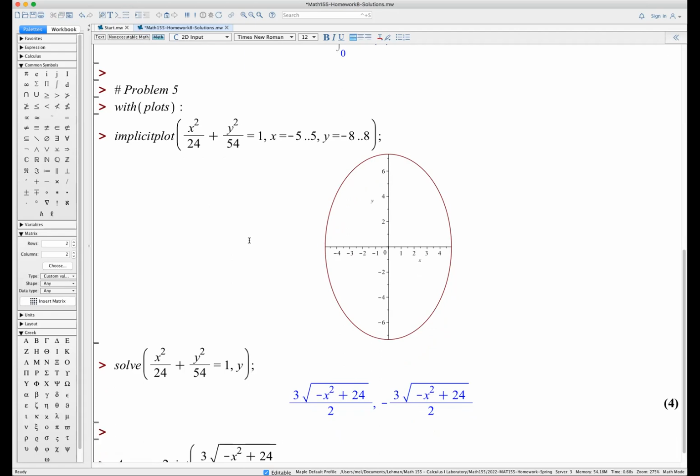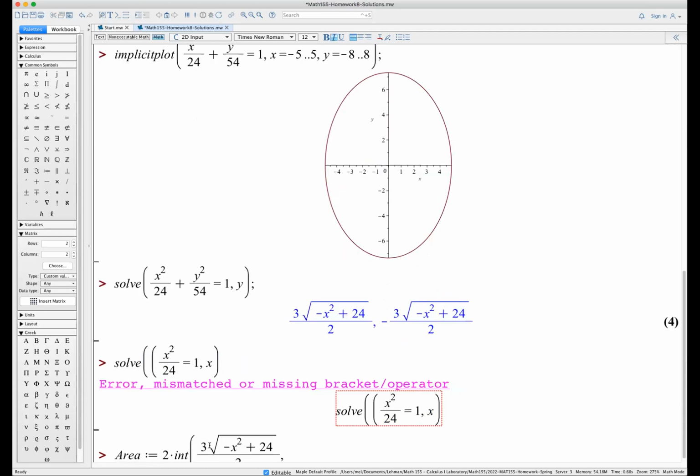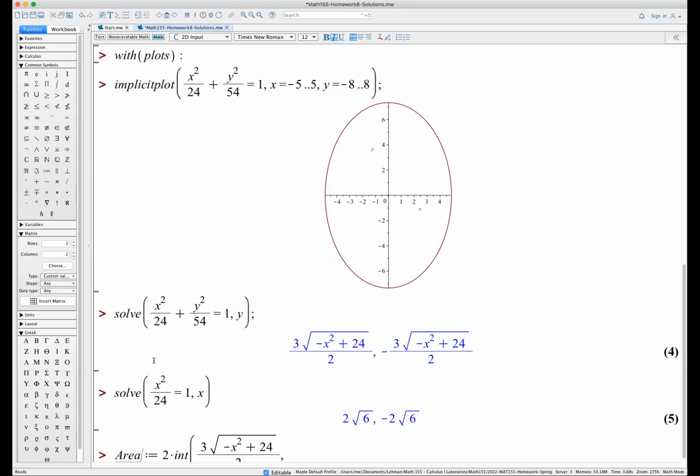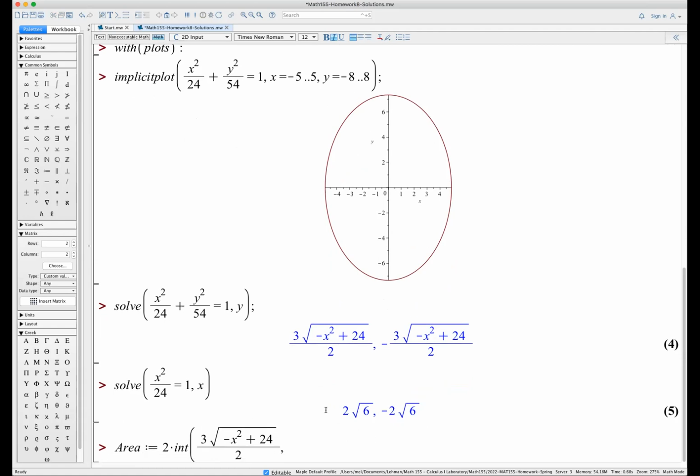So if I want to solve this equation for x, when y is equal to 0, it's going to be the square root of 24, plus or minus the square root of 24, which is 2 root 6.